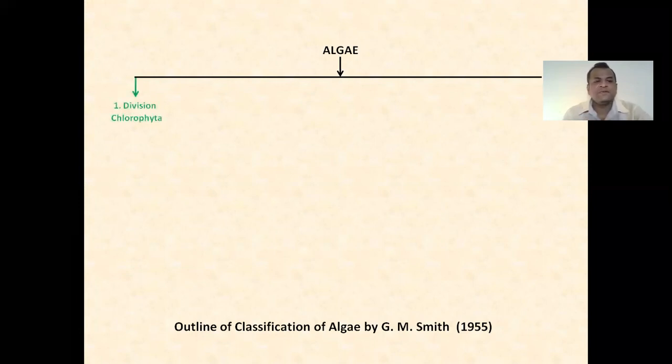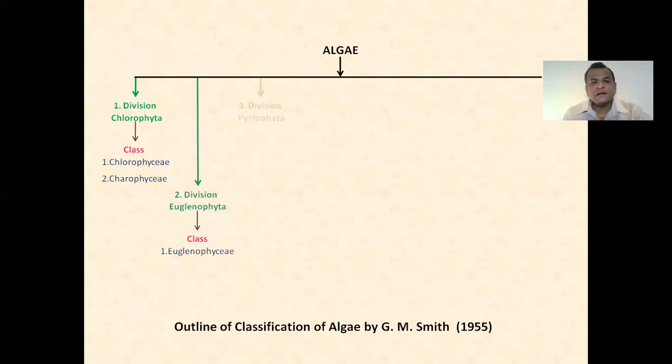The first division is division Chlorophyta, which includes two classes, that is class Chlorophyceae and class Charophyceae. The second division is Euglenophyta, which includes a single class, Euglenophyceae. The third division is Pyrrophyta, which includes two classes, Desmophyceae and Dinophyceae.